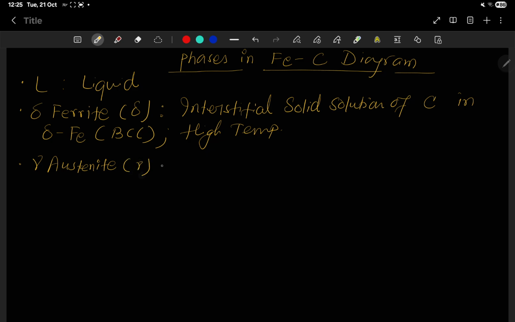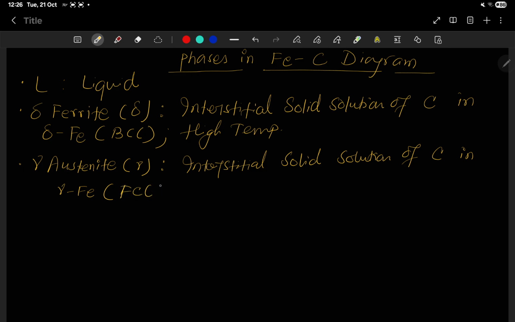This was denoted by gamma. This is an interstitial solid solution of carbon in gamma iron, which is FCC in nature.